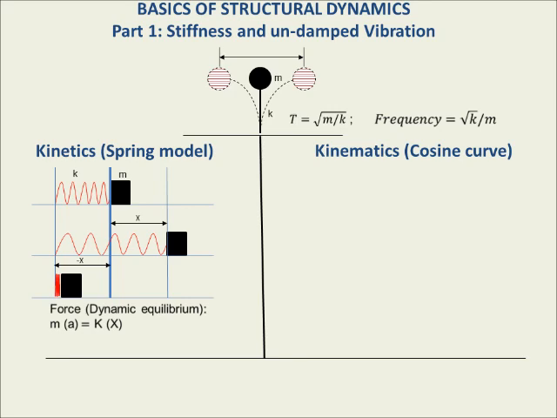So now all we're doing here is stating that this system is in dynamic equilibrium, that the force due to its mass and acceleration has to equal the force in the spring produced by the stiffness. So far so good. The concept of equilibrium is nothing too wild. We are familiar with that by now watching these videos.